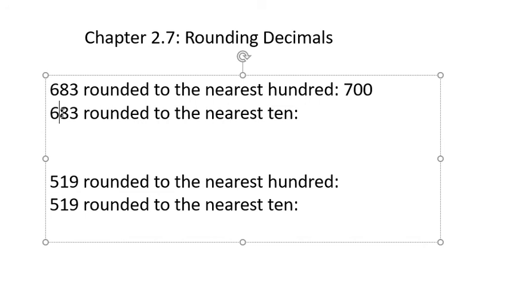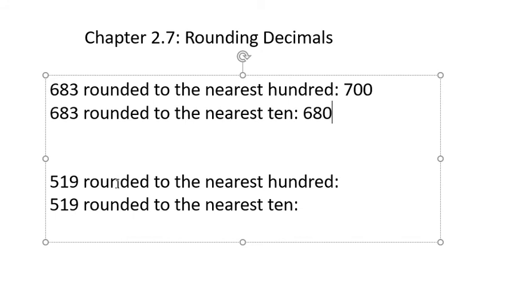So the digit in the tens place is an 8. So we're going to look one to the right, that's a 3. 3 is 4 and below. So we're going to round this one to 680. 680. That's how we are rounding these numbers.